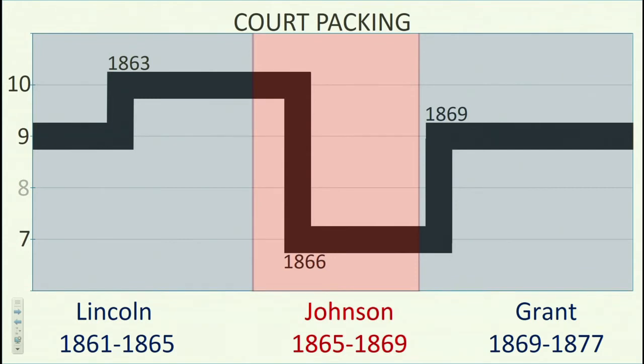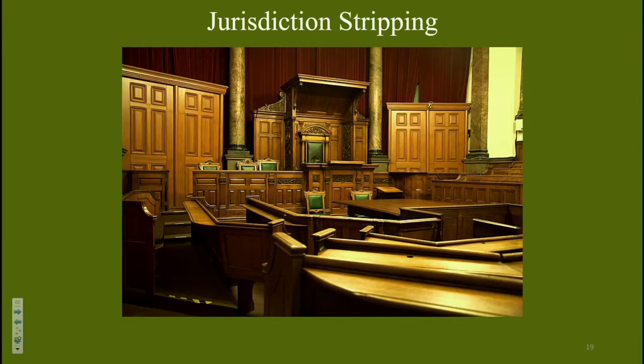When Johnson got in, Congress shortly afterwards reduced the number of justices to 7 to make sure Johnson did not have an appointment. And then when reliable Republican Grant gets in, they put it up to 9. Not only that, Congress stripped the jurisdiction of the Supreme Court at least one crucial moment to stop the Supreme Court from looking at a particular case.